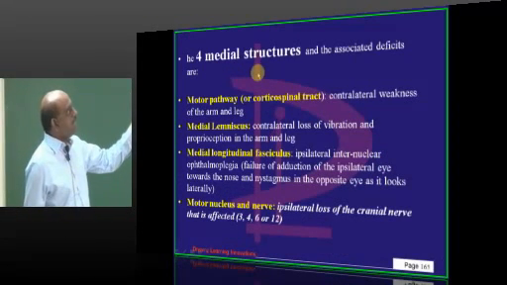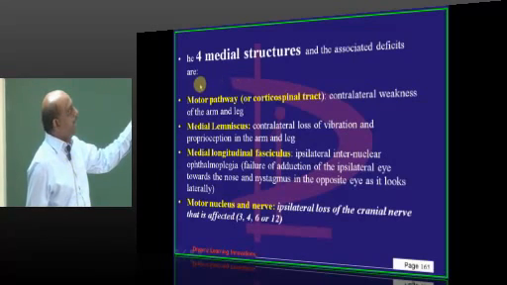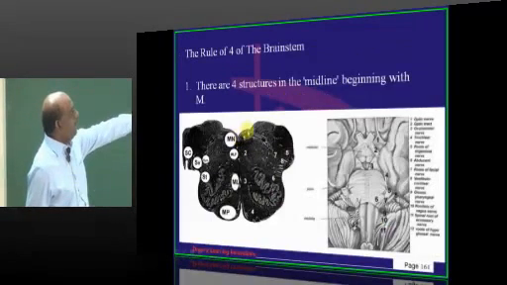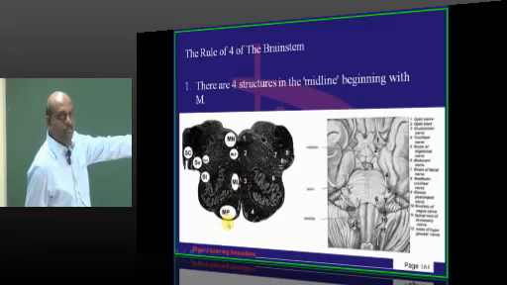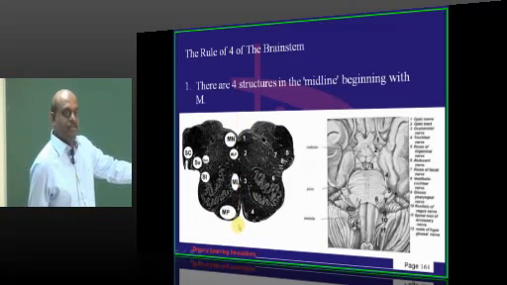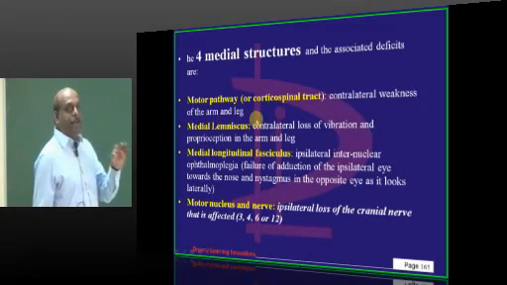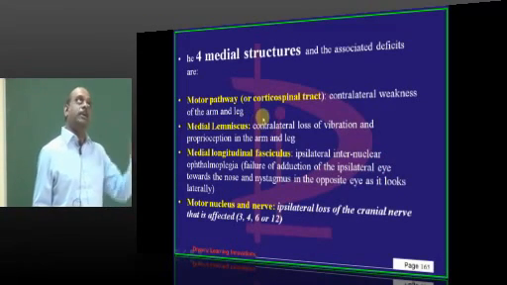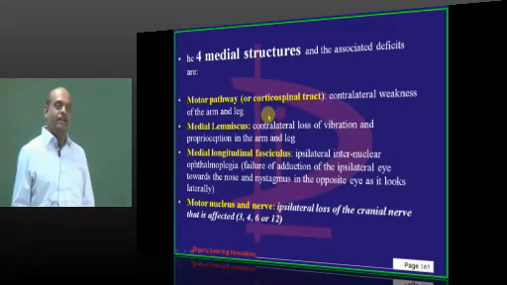4 medial structures. What are they? 4 M's you need to remember. What are the 4 M's which are medially located in the brainstem? M means motor pathway. What is the motor pathway coming from the brain to the spinal cord?